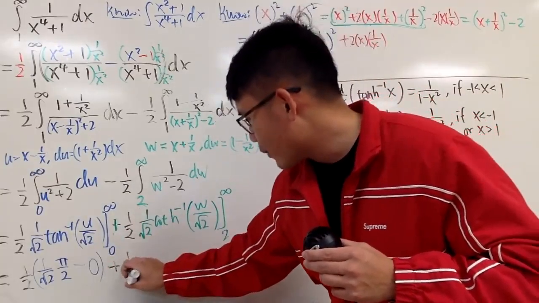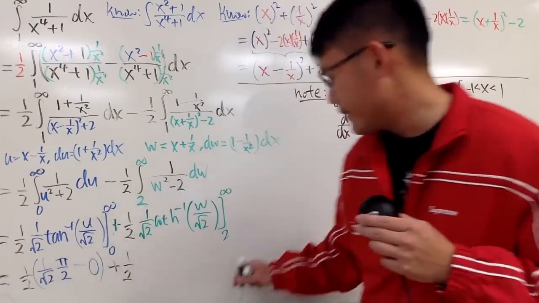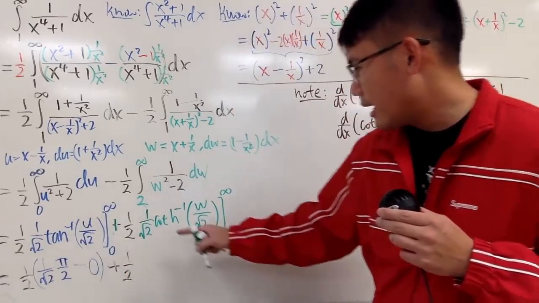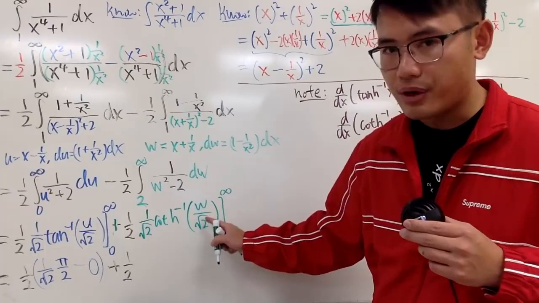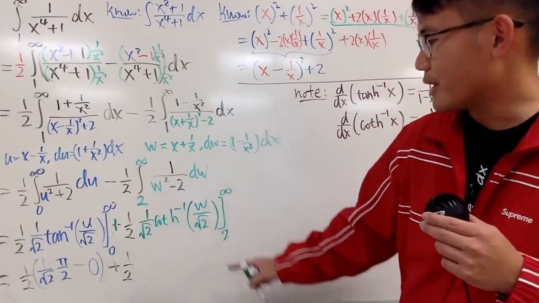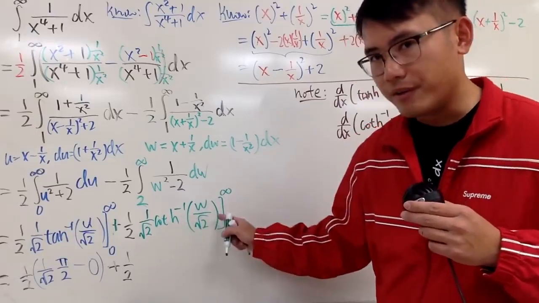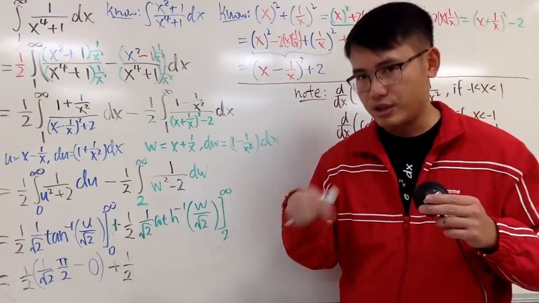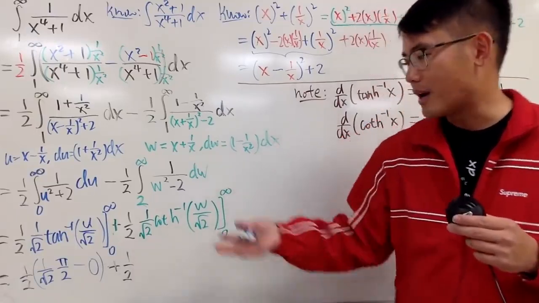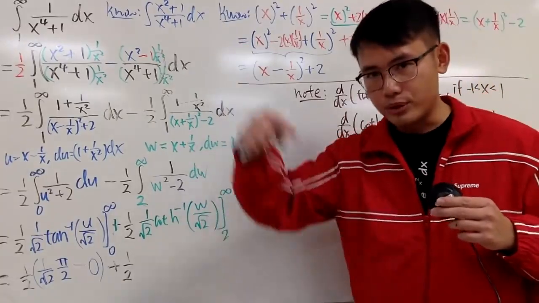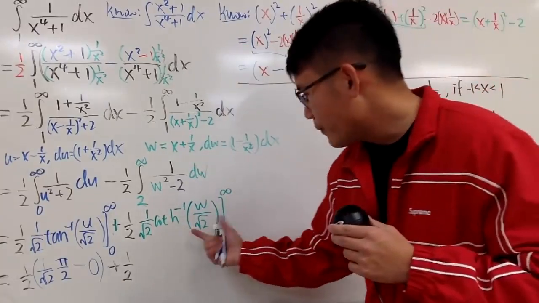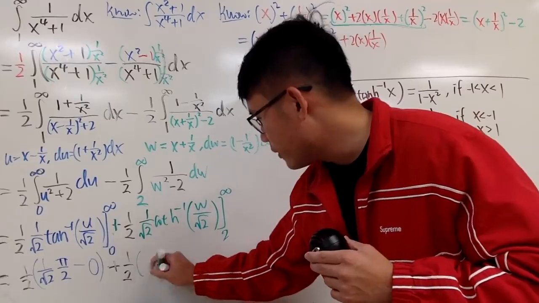This right here, we have the 1/2. And plugging infinity into here, let me just tell you guys that if you are doing the inverse hyperbolic cotangent of infinity, that will give you 0. Why? You guys can look at the graph of this. It's approaching 0. So the first part is actually going to be 0.